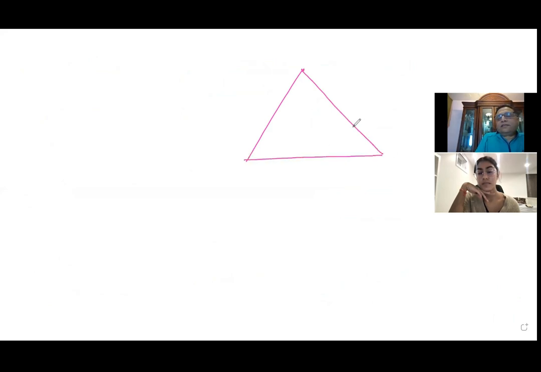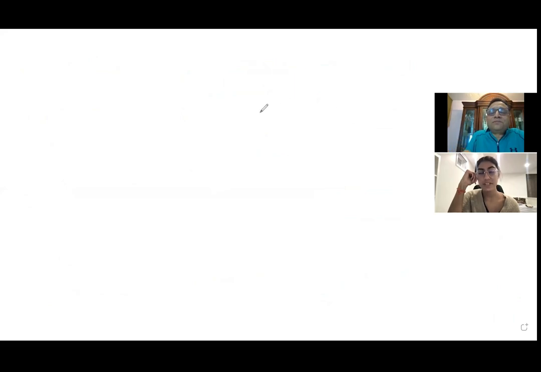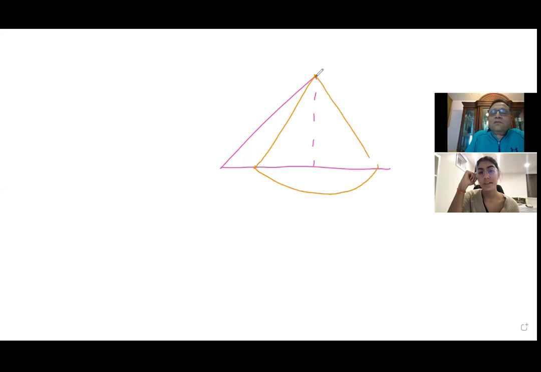I'm assuming that this side is shorter than the other side, but it doesn't look like it, so let me erase this and make it realistic. Draw a scalene triangle. Instead of doing it like this, I'm using reverse calculation.